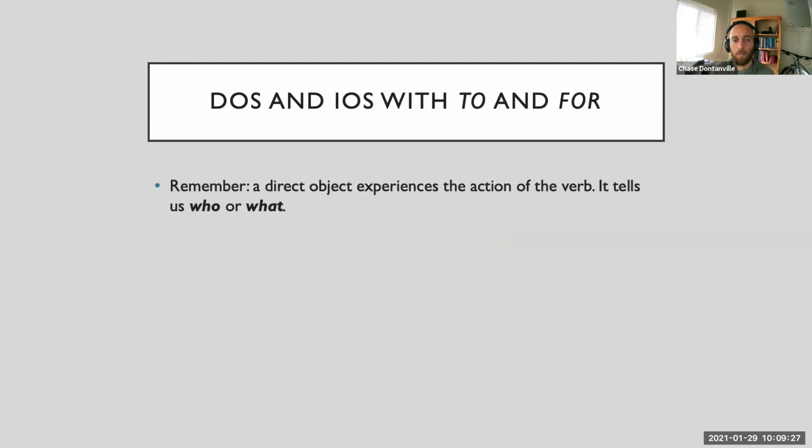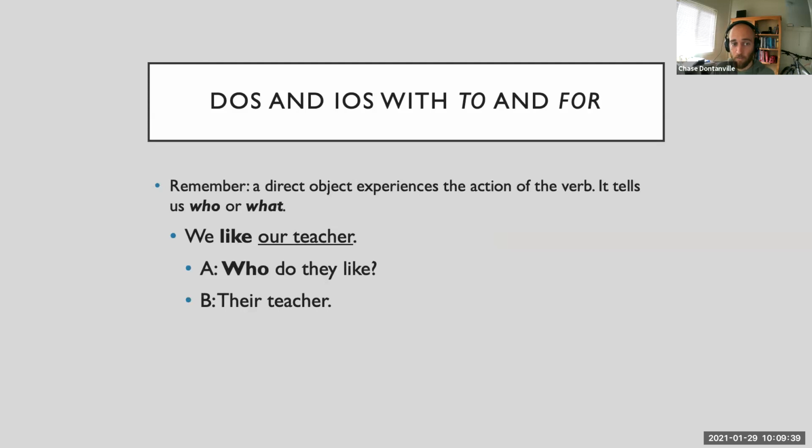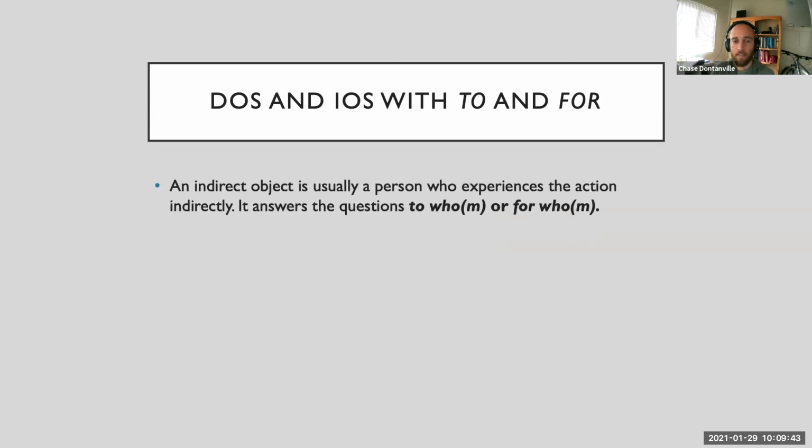Now remember, direct objects experience the action of the verb. It tells us who or what. We like our teacher. Who do they like? Their teacher. An indirect object is usually a person who experiences the action indirectly.